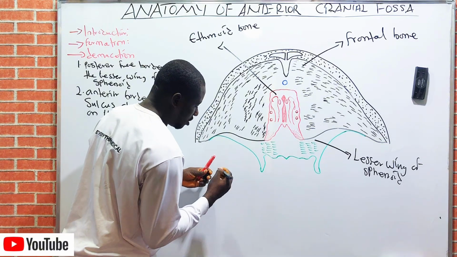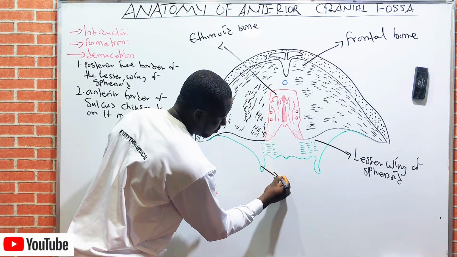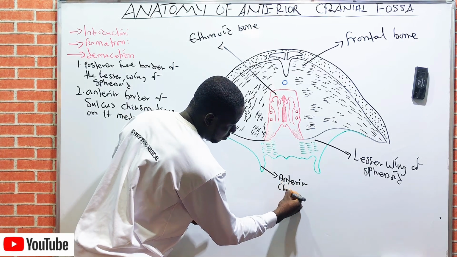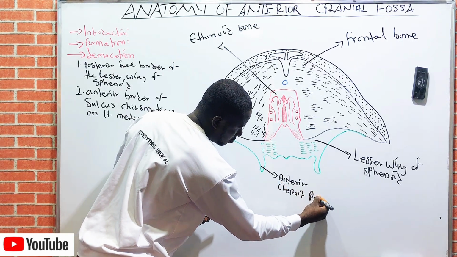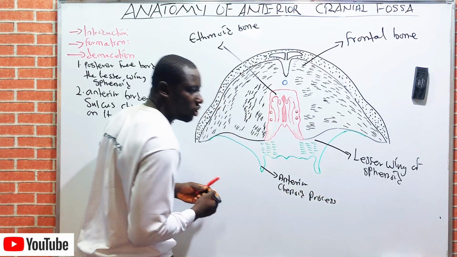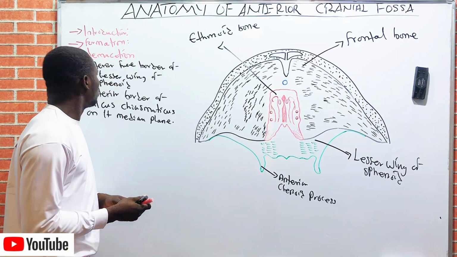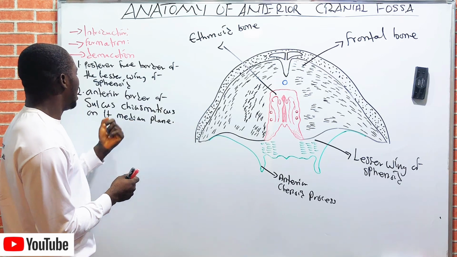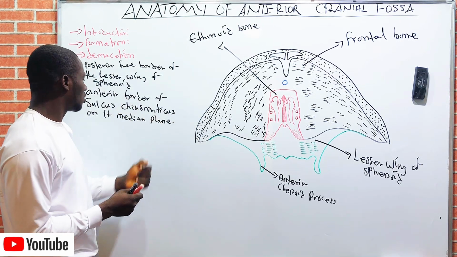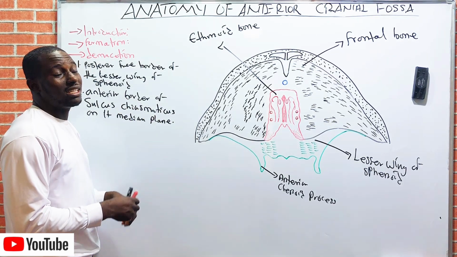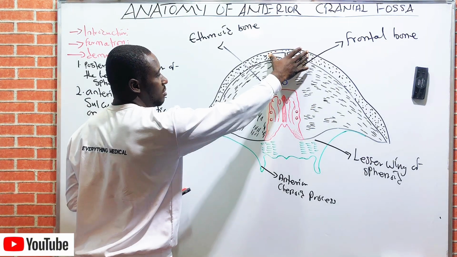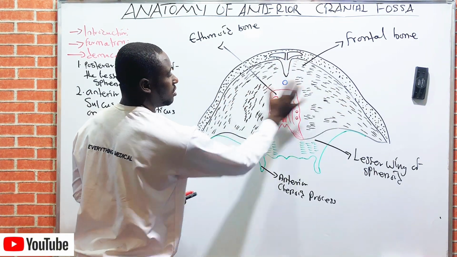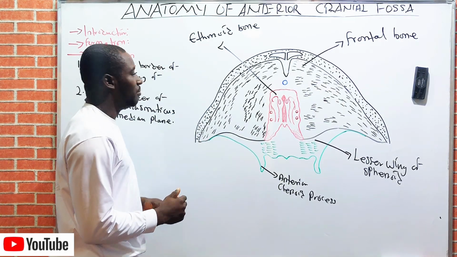So here is the anterior clinoid process. It is the junction that marks the demarcation between the posterior free border of the lesser wing of the sphenoid and the anterior border of the sulcus chiasmaticus on its median plane. As I said previously, this forms the median plane of the anterior cranial fossa, while both sides form the lateral plane.